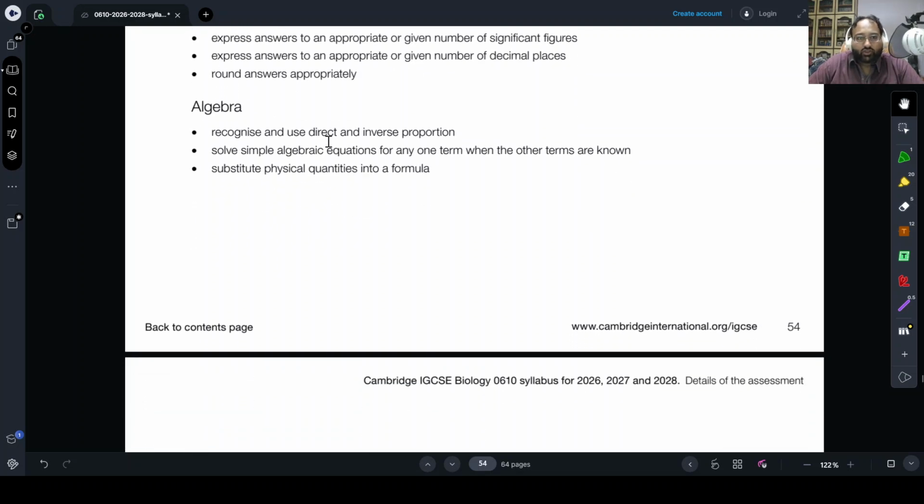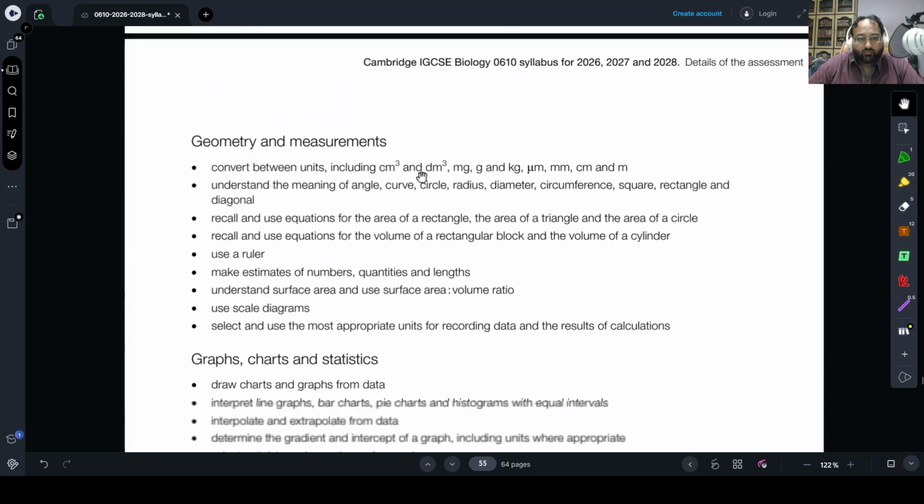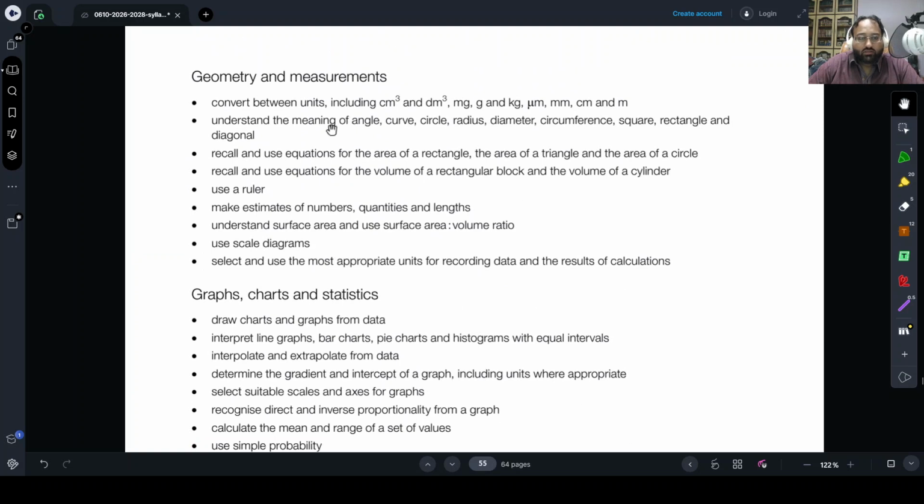Algebra: recognize and use direct and inverse proportion. Solve simple algebraic equations for any one term when the other terms are known. So finding an unknown basically. Substituting physical quantities into a formula. So that's the algebra.